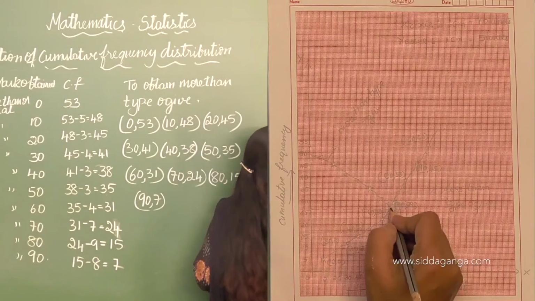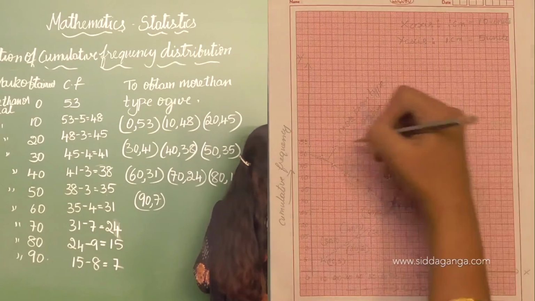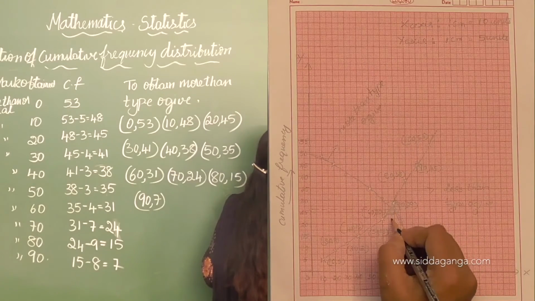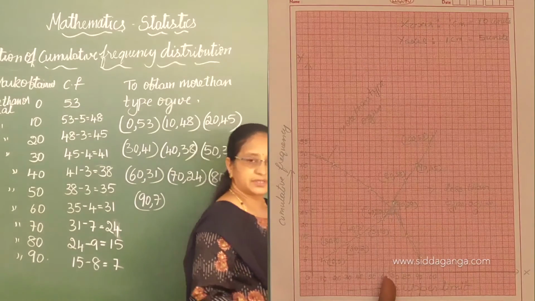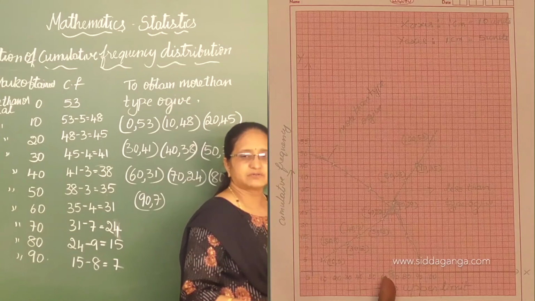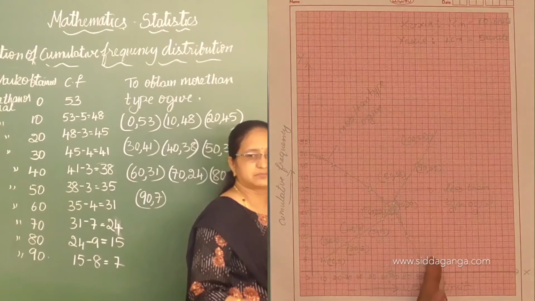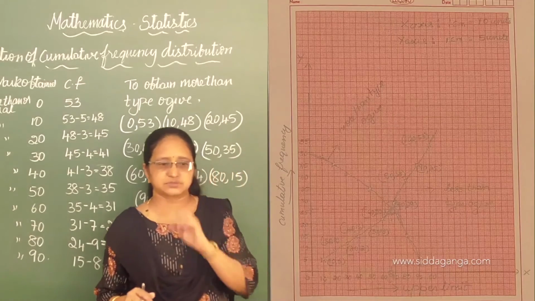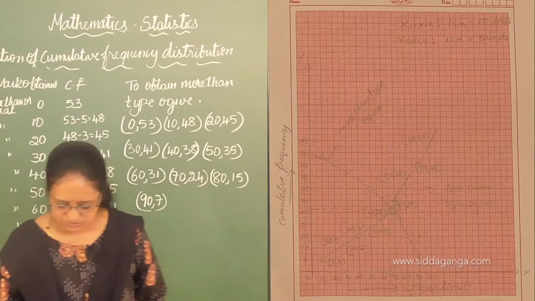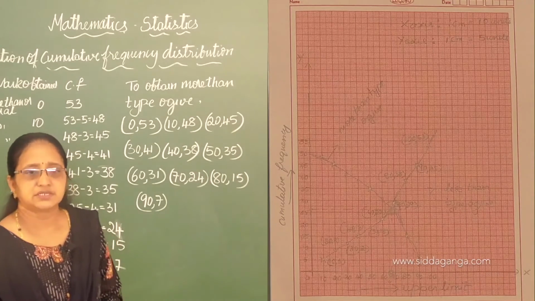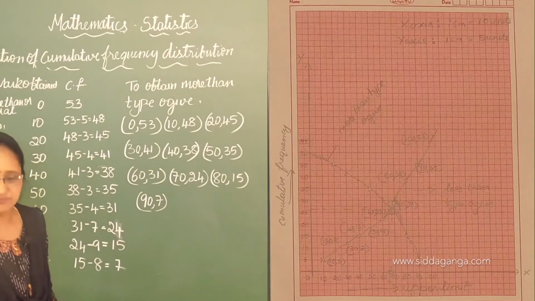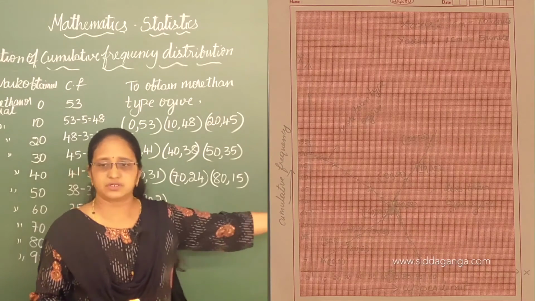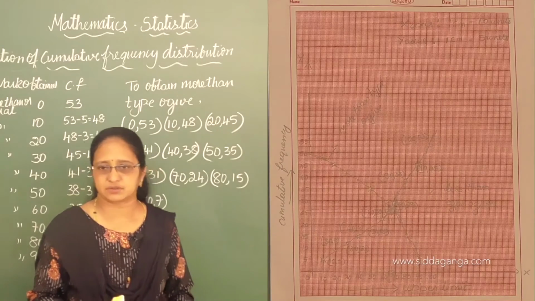See the point of intersection of the less than type and more than type. Later on I will show the point of intersection. That actually gives you the median. Now by using the formula, let us find out the median first, so that we can check whether what we have got at the point of intersection is correct or not.